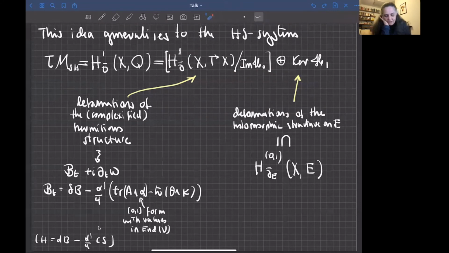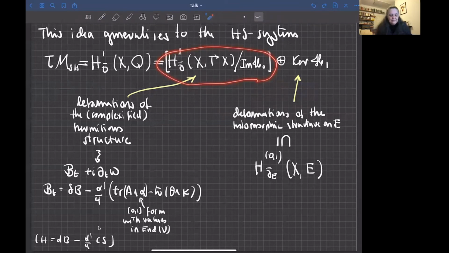One is the deformations of the holomorphic structure, but again you have to take the kernel of this class, and this is contained in the deformations of the holomorphic structure of E that we had before. And then we have another piece that has to do with the deformations of the Hermitian structure.